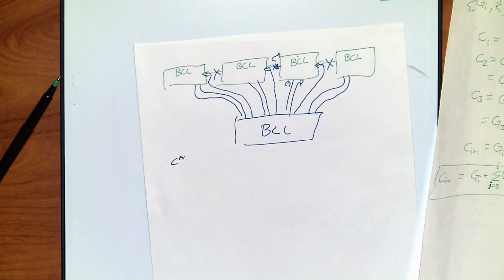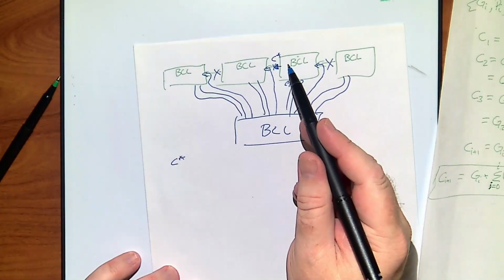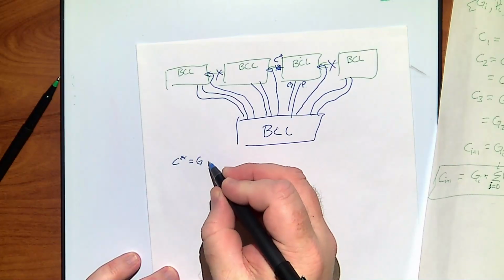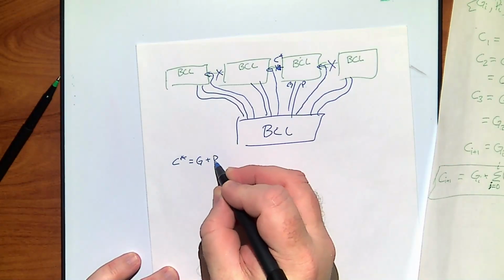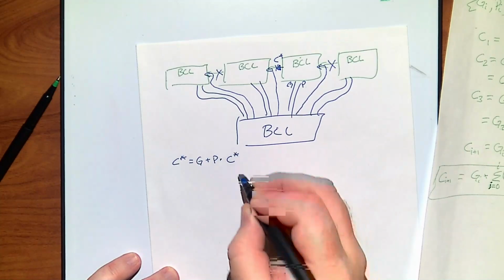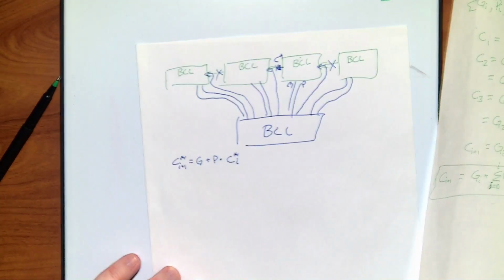Generate is on when the two bits are on, and propagate is on when the carry is carried.